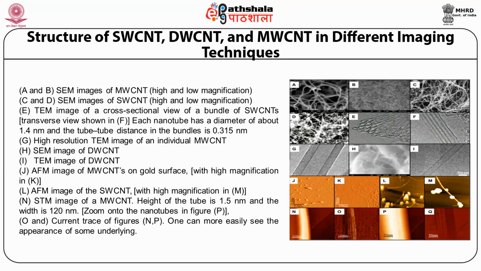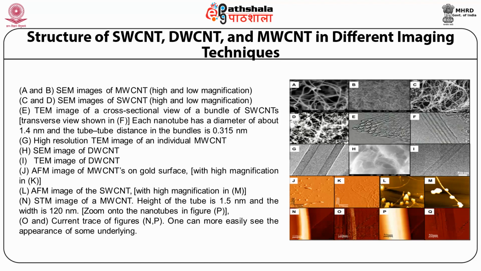High resolution TEM studies also suggest the formation of double-walled carbon nanotubes. Through AFM and TEM, and atomic force microscope in the figure J, K, L, M, we can also measure the height profile. This way the height of that nanotube is 1.5 nanometer and the width is around 120 nanometer, as shown in this figure.